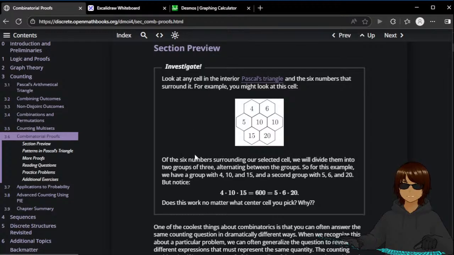So of the six numbers surrounding our selected cell, so 4, 5, and 15, 6, 10, and 20.